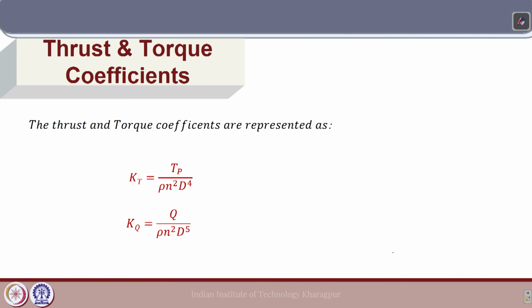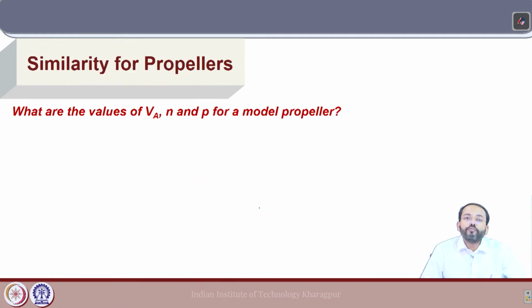So, the thrust and torque coefficients of the propeller after doing this dimensional analysis can be written in this particular form. In the propeller open water characteristics, this is the primary form of expressing the propeller thrust and torque in non-dimensional form using Kt and Kq, which are the thrust and torque coefficients. Now, if we look for similarity of propellers, what will be the value of Va, N and P for a model propeller?